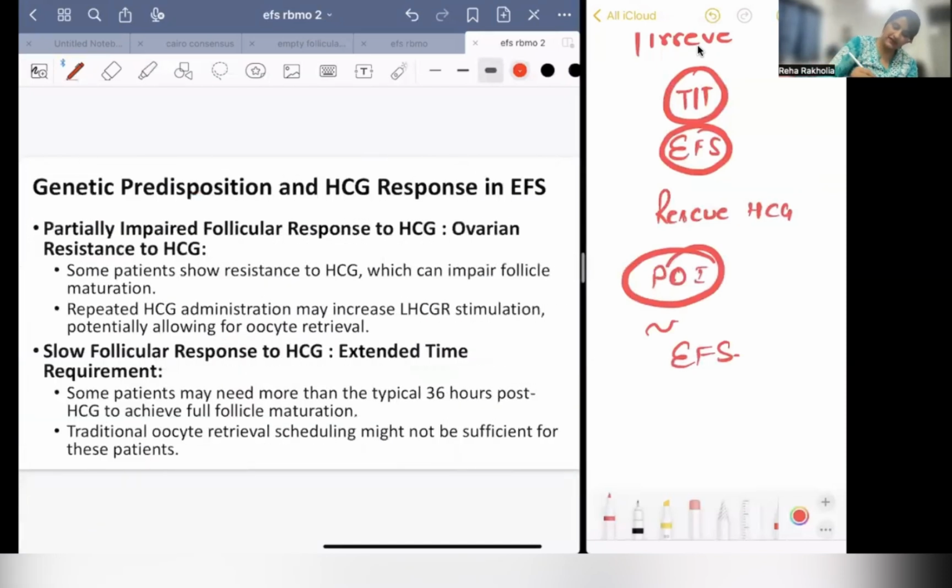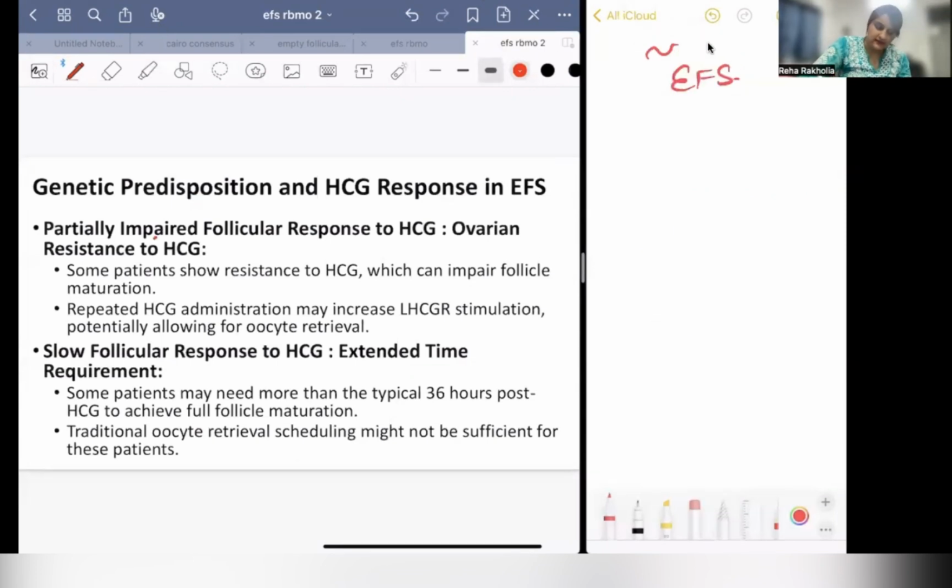Now, genetic predisposition and HCG response in EFS. Okay. Now, see, two things are happening here.